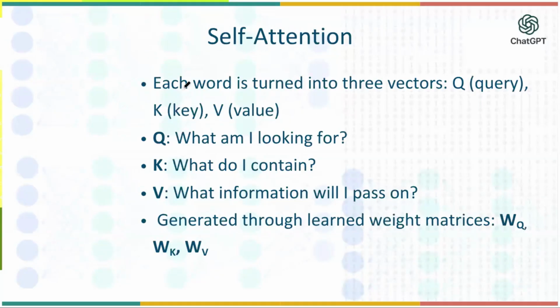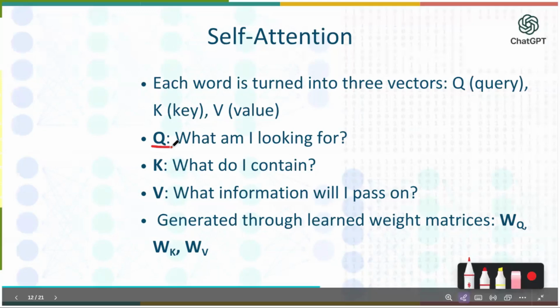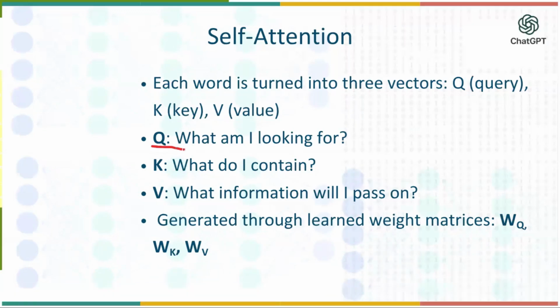In self-attention, each token is turned into three separate vectors: query, key, and value. The query represents what this token is looking for in the other tokens. The key represents what this token contains that others might find useful.